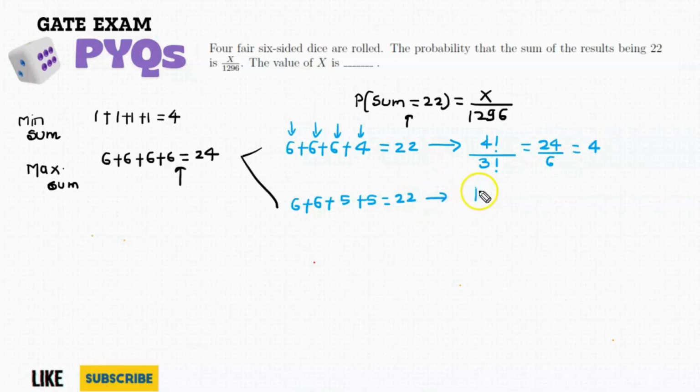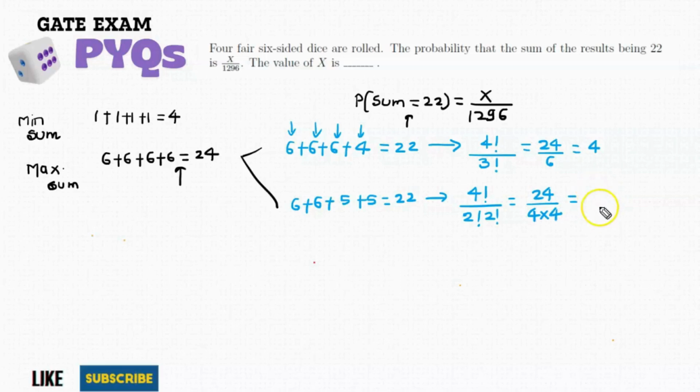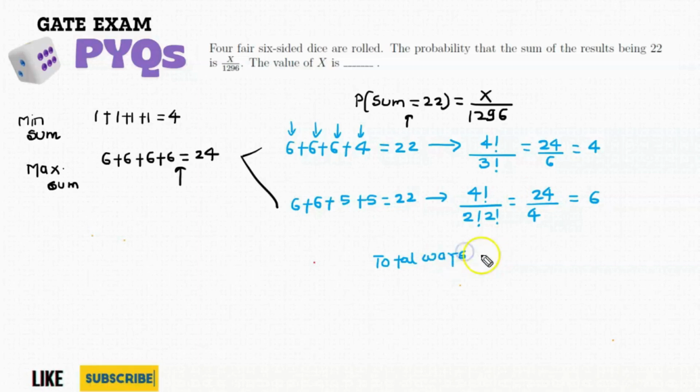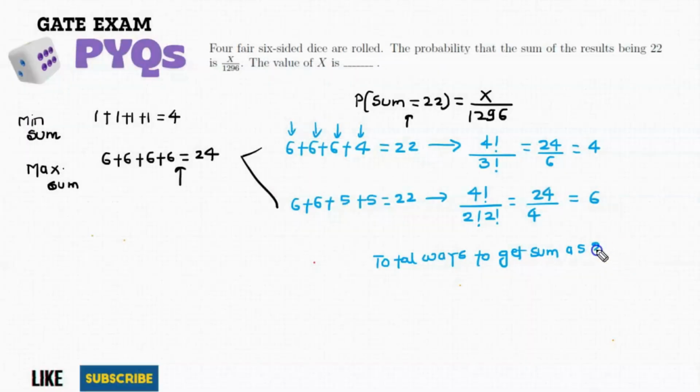Similarly here, how many permutations can we create? It is 4 factorial divided by 2 factorial times 2 factorial, which is 24 divided by 4, which is 6. So for the total number of ways to get the sum as 22, it is going to be 10.